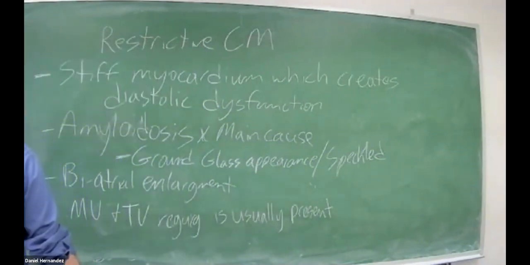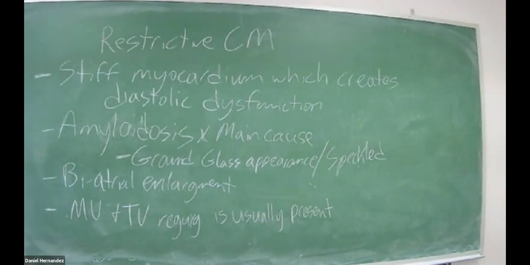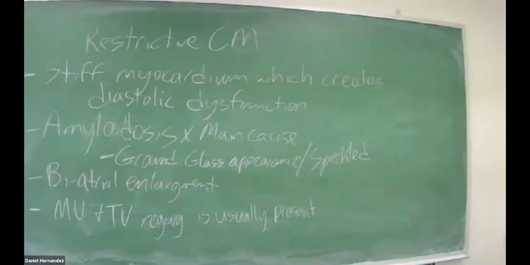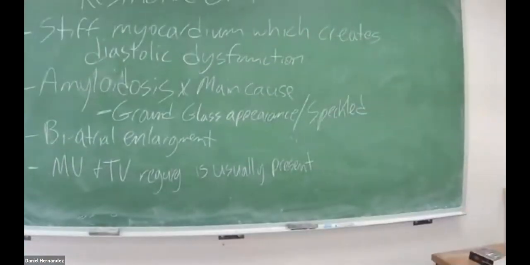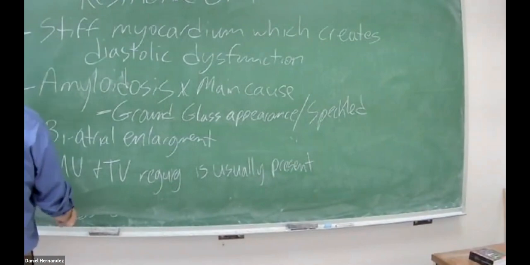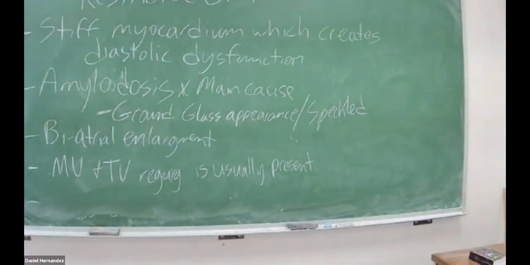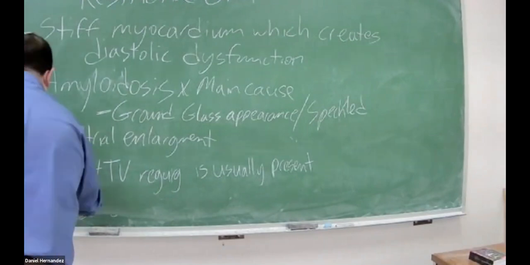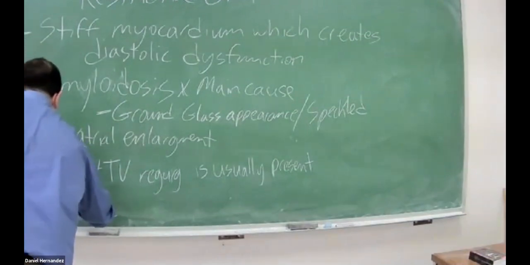Our prognostic indicators for restrictive cardiomyopathy are the degree of regurgitation, the degree of diastolic dysfunction, and our atrial pressures. We also worry about atrial thrombus.